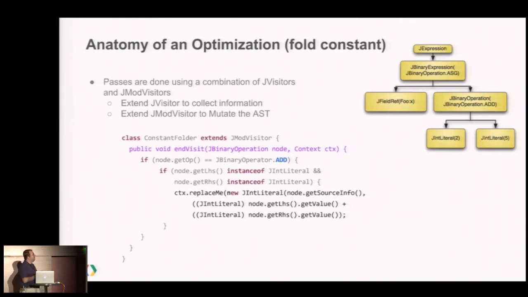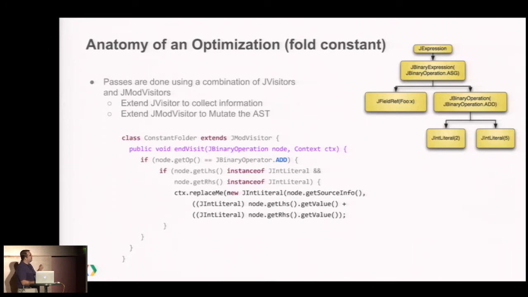To give you an example, all optimizations in the GWT compiler essentially extend this JModVisitor class. It's essentially the visitor pattern. You subclass this type, and then you execute your class. For each one of these nodes, like JBinaryExpression, JIntLiteral, JFieldRef, and so on, you get a callback. The callback methods are visit and endVisit.